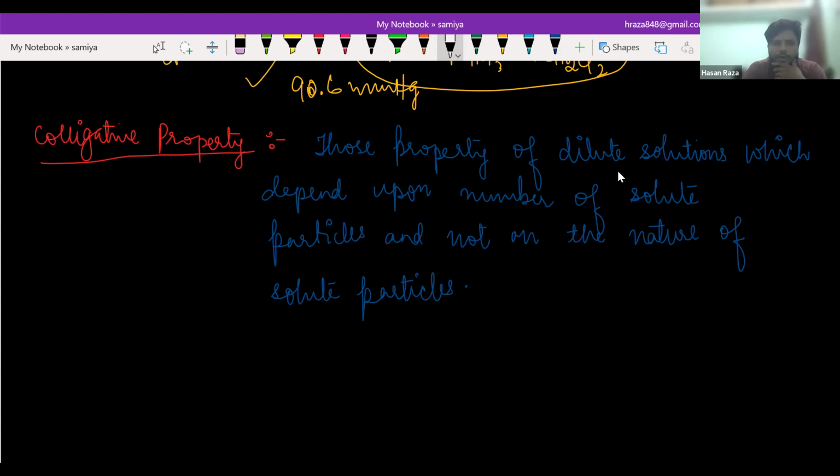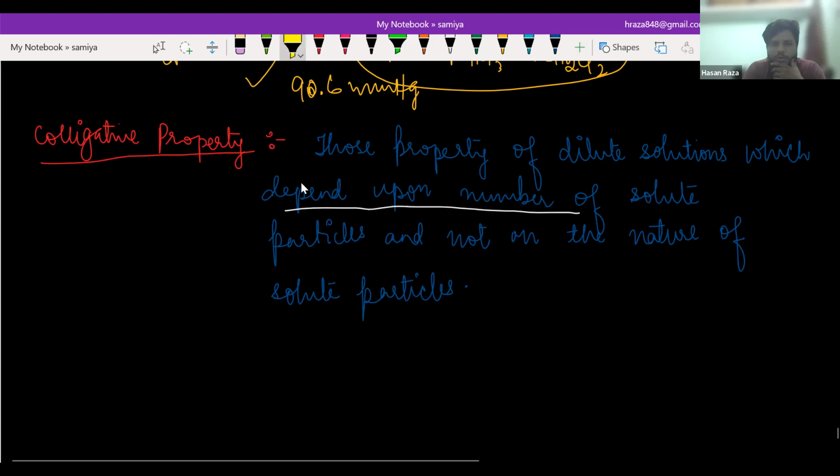This is very important. Those properties of dilute solutions which depend upon the number of solute particles are called colligative properties.